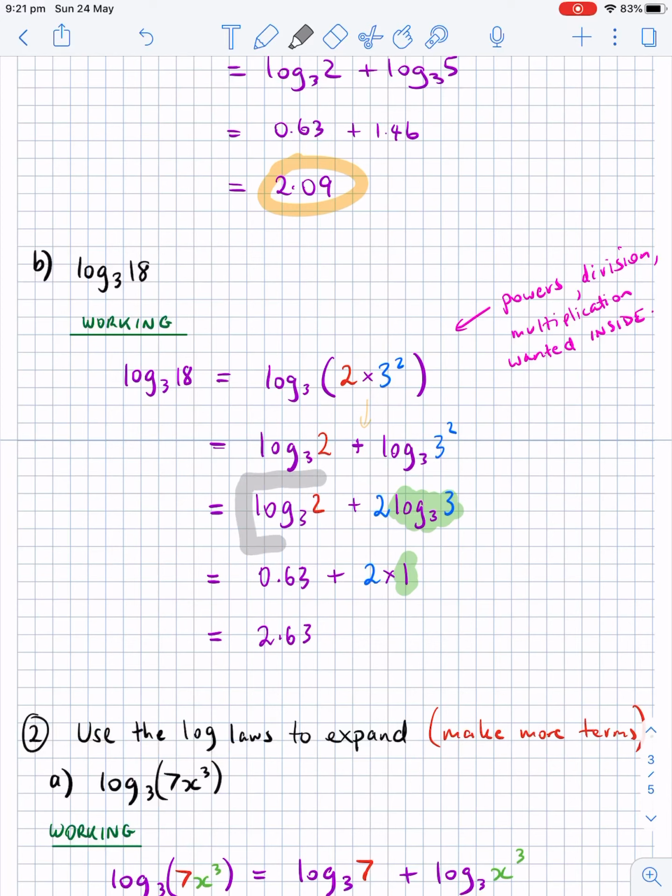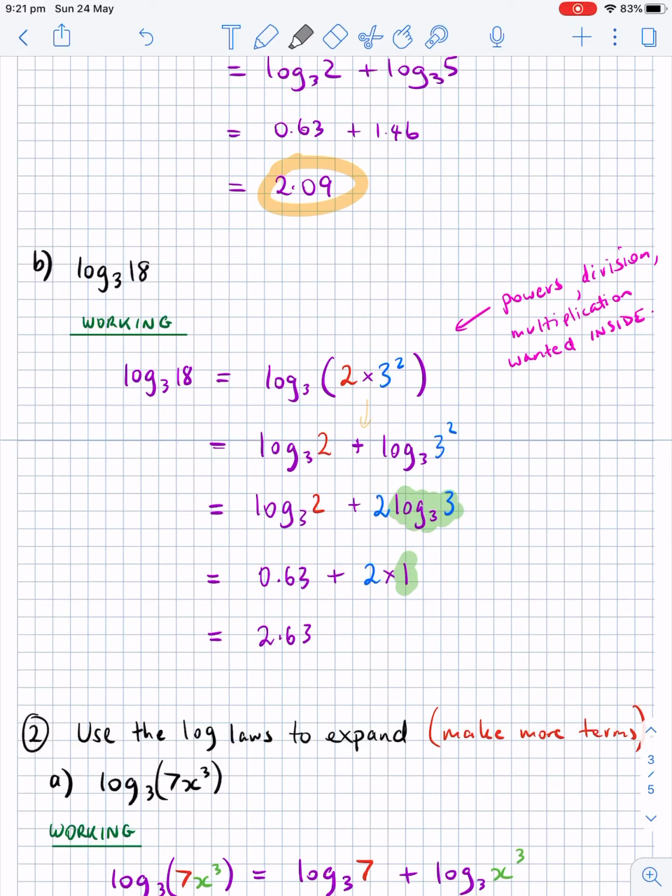Now, log base 3 of 2, they gave us that as 0.63. And this one here, log base 3 of 3, when you have the same number for the base and what's being logged, like 3 and 3, that expression has to equal a 1, as I've highlighted. So because it's 2 times 1, that's going to be 2, plus 0.63. That gives us a final answer of 2.63 for this expression right here.